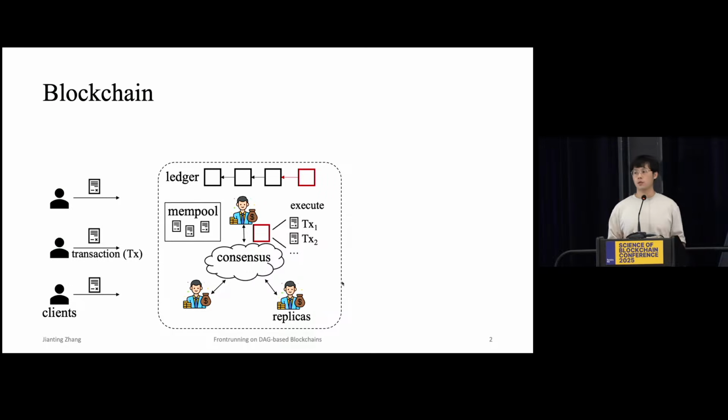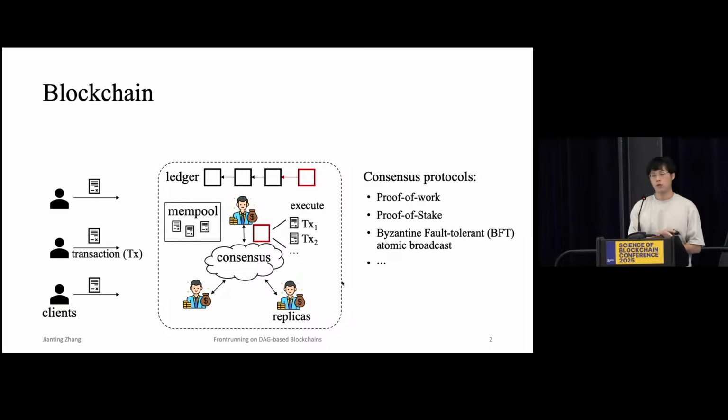During this process, a very important point is the consensus protocol, which determines what transactions can be executed and finalized on-chain, and in which order. There are several classic consensus protocols, including proof of work, which was used by Bitcoin, proof of stake, and a family of Byzantine fault-tolerant atomic broadcast, sometimes called BFT consensus for short.